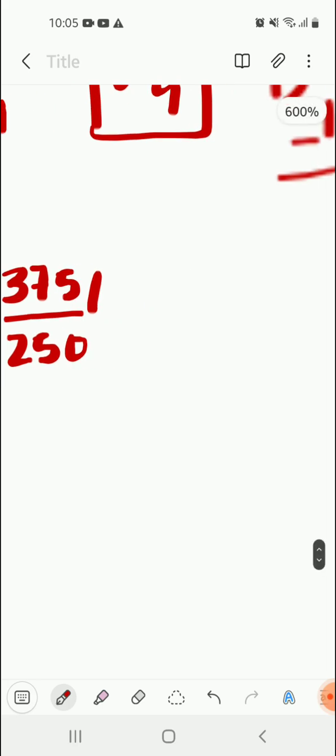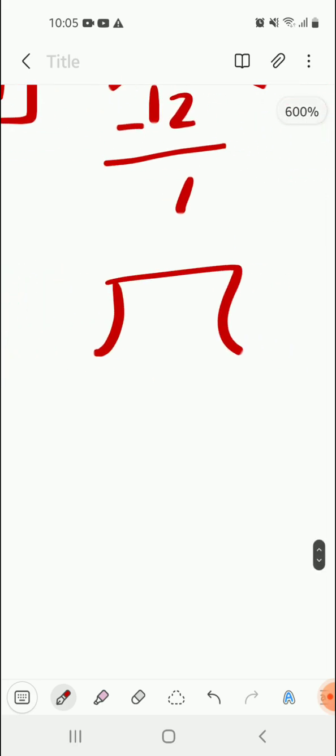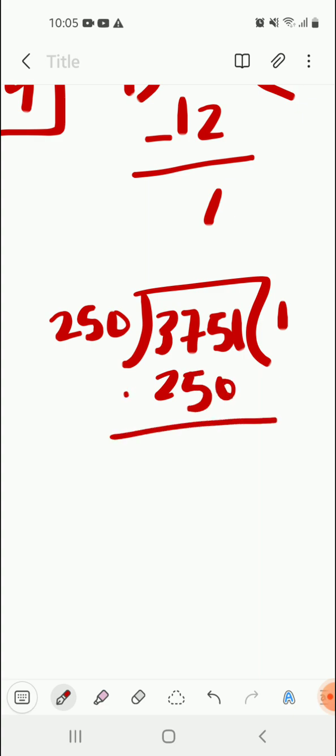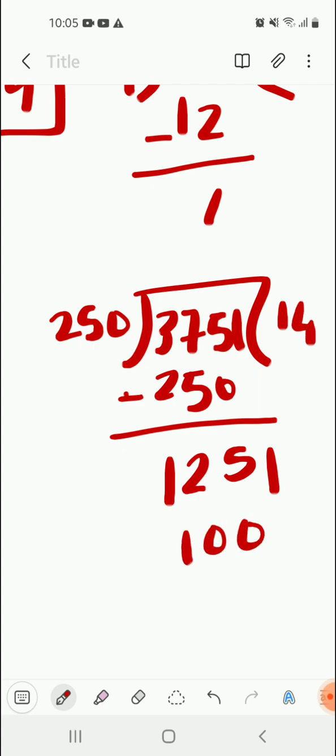So let's convert it into mixed fractions. We've got 3751, and we have got 250. Subtract, we get 5, we get 2 and 1. Again the 1 moves down, so we've got 1251. 250 into 4, we get 1000. 5, we will use 5.